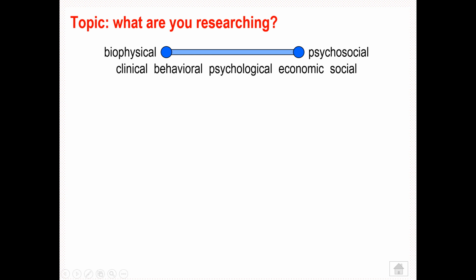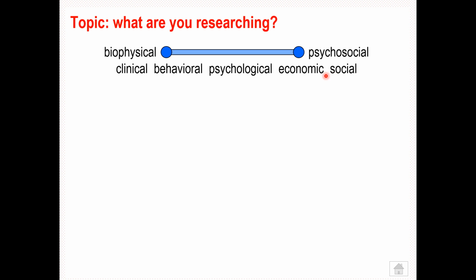So if you are a researcher trying to find a research field between these boundaries, you can have problems, topics, or fields that might be clinical, behavioral, psychological, economic, and social.